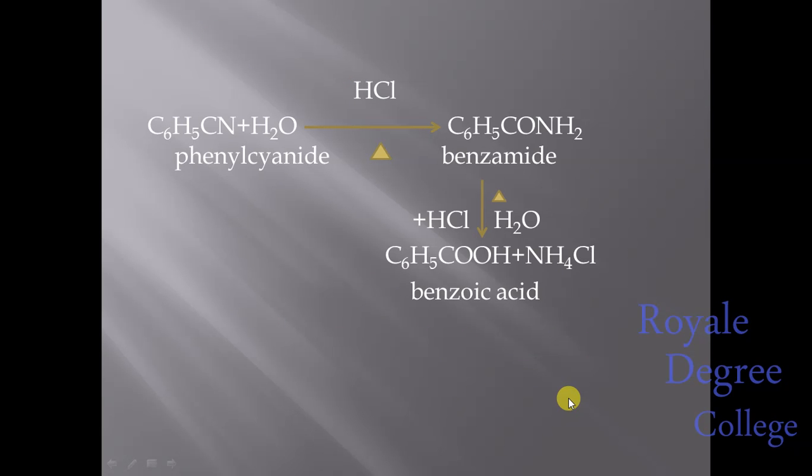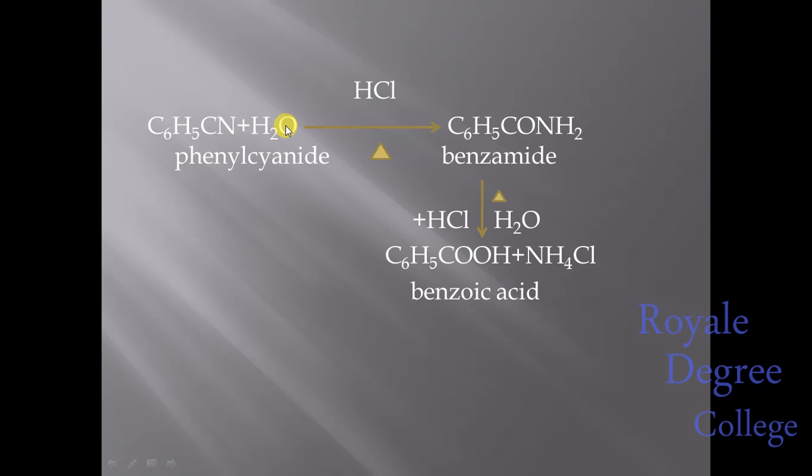Another reaction we'll see. We are taking here C6H5CN. It is named as phenyl cyanide. In that hydrolysis reaction will take place. We are adding water molecule. Reaction will take place in the presence of acid, HCl, and we are providing heat. Then from the phenyl cyanide, this nitrogen is slightly moving this side.